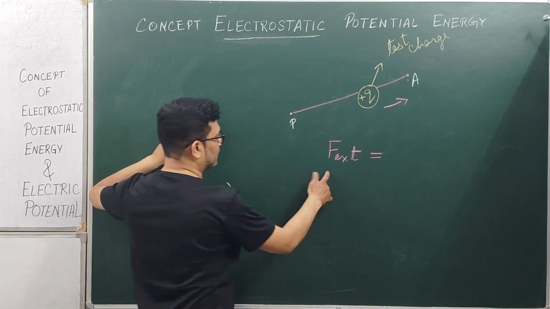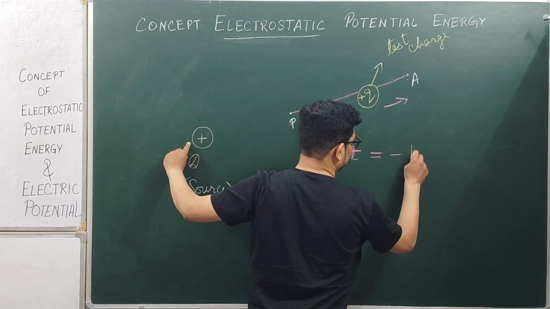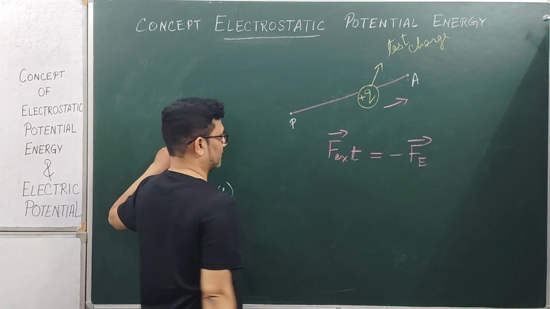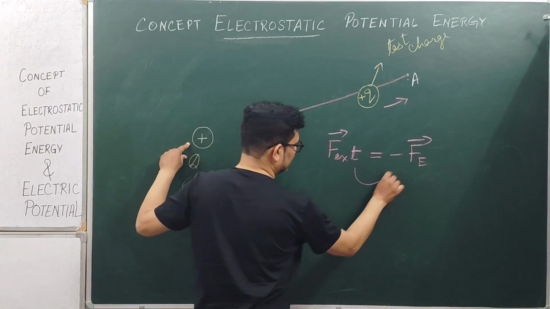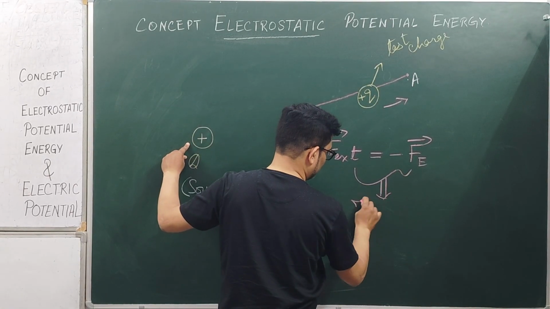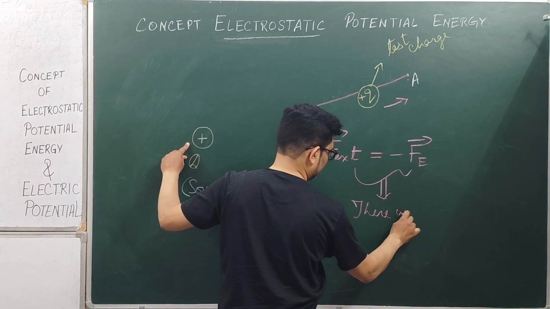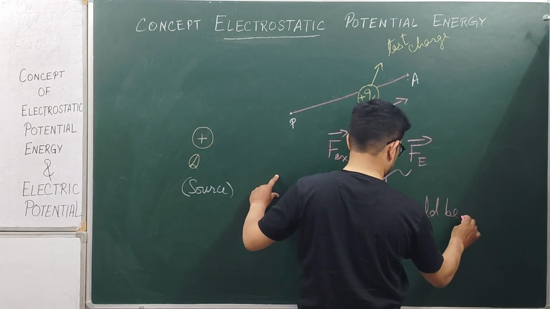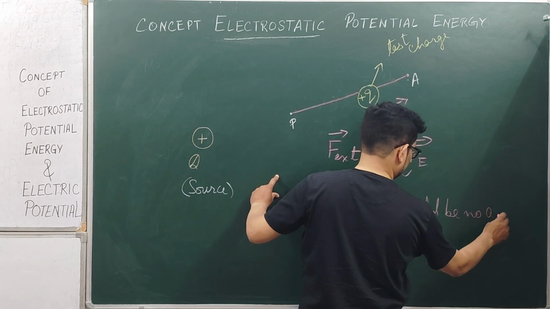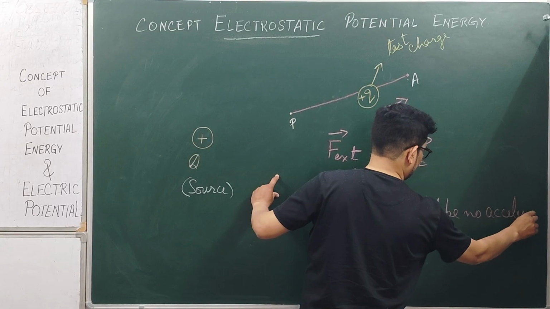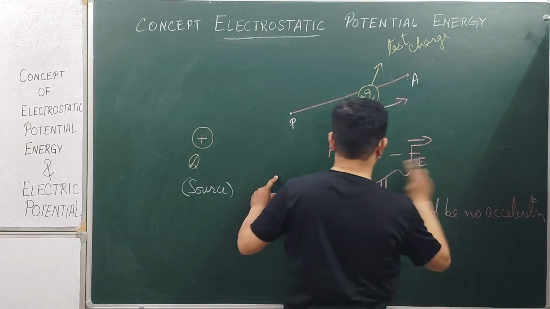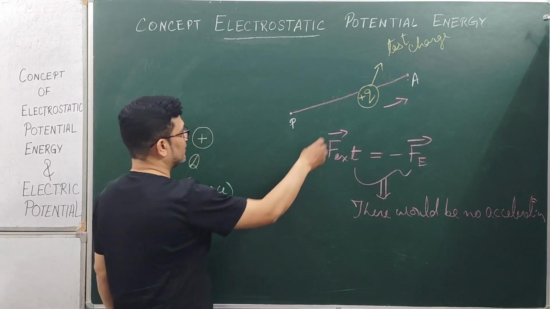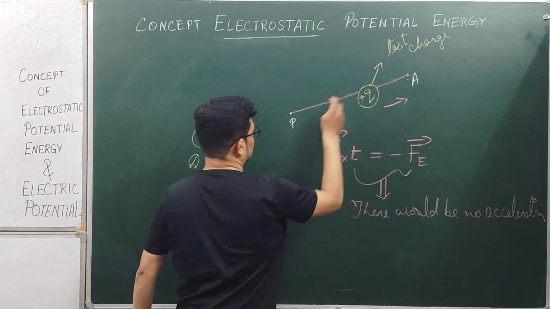The external force is exactly equal to Fe, but in the opposite direction, obviously. This condition means there would be no acceleration, since both forces are equal in magnitude but opposite in direction. So very slowly we are going to bring this from A to P.